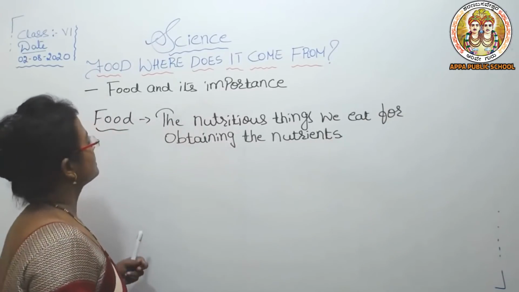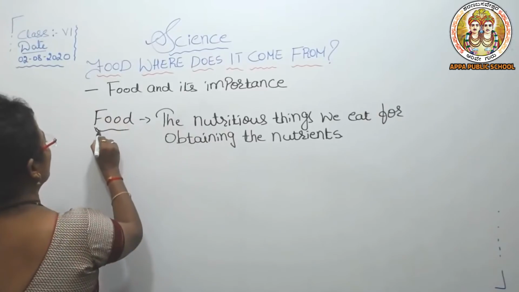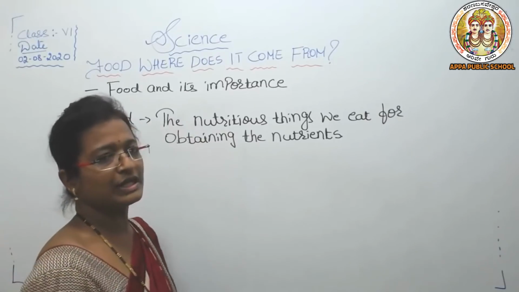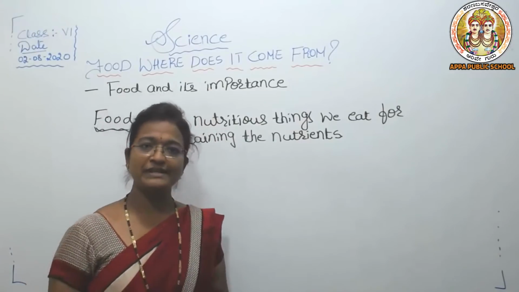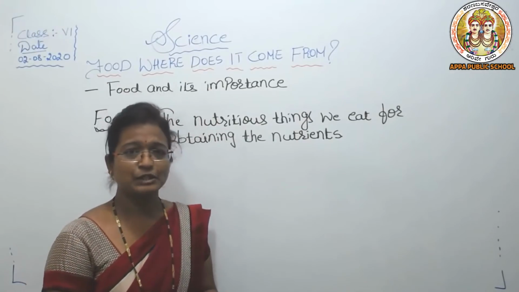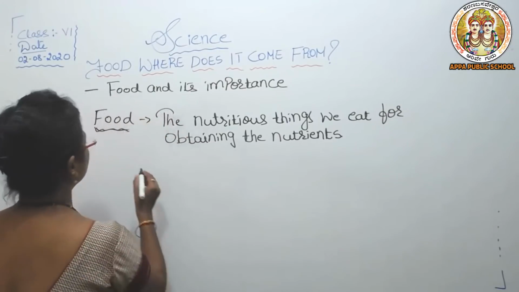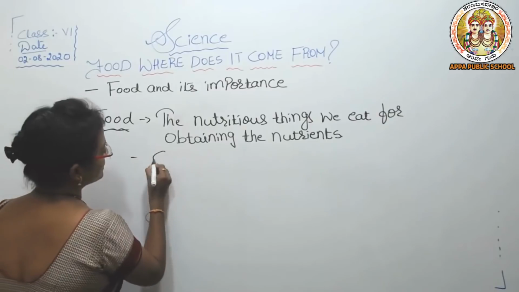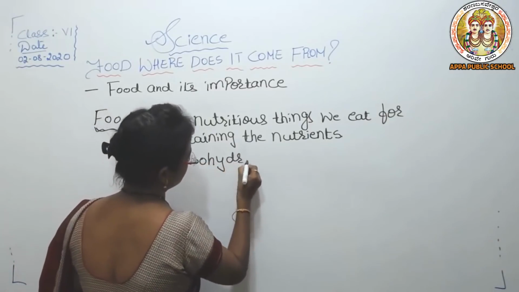So what do we get? We get nutrients by eating food. Which are the nutrients which we are going to get? We get carbohydrates, proteins, fats, minerals, dietary fibers, water. Let me write here. First we are getting carbohydrates.